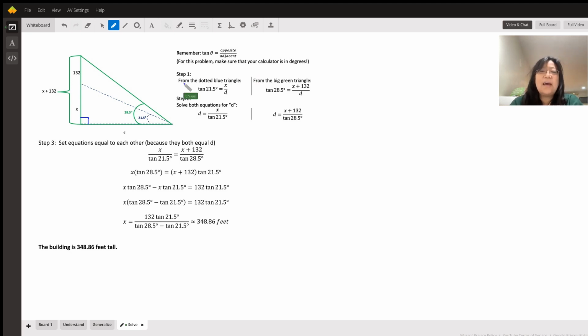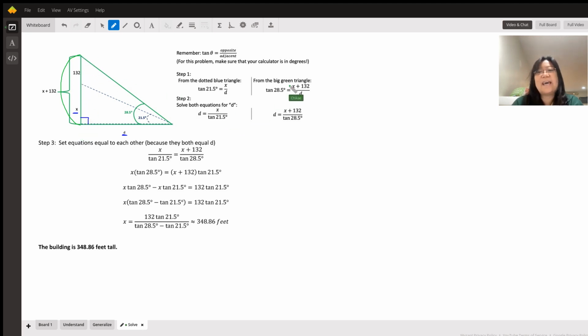So step one. From the dotted blue triangle, the smaller blue triangle over here, I'm going to say tangent of 21.5 degrees is x over d. That's my opposite side over the adjacent side. From the big green triangle, this entire side over here is my opposite side, and that's the sum of the building height and the antenna height.